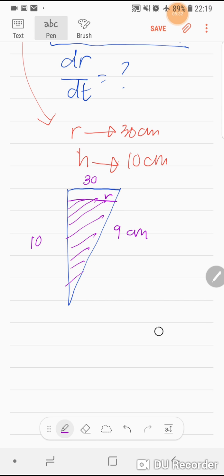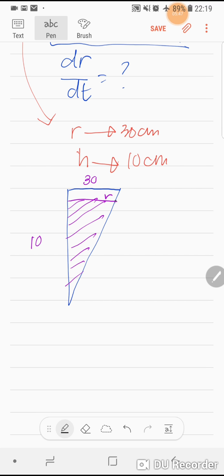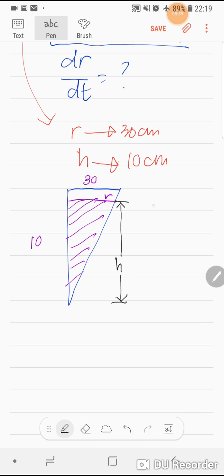So going back, we know that we need to do a correlation. If we don't know yet that it's 9 centimeters, we can write it this way. So this can be your x, or let's choose h, and this would be your r. Applying what we've learned about similar triangles, we have here 30 over 10.